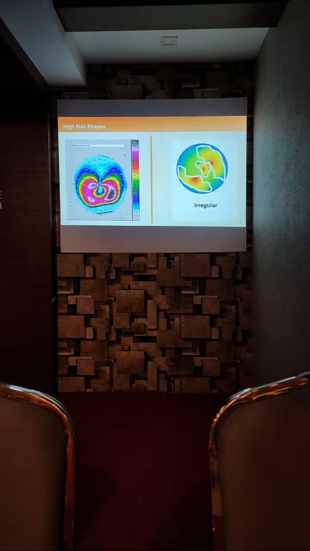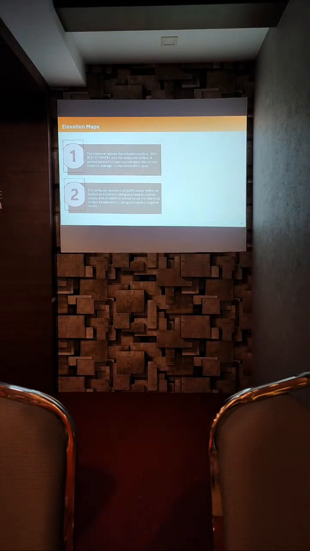Crab claw appearance is basically seen in pellucid marginal degeneration. Summarizing the axial map, what we have to see in case of keratoconus is an asymmetric bow tie with inferior steepening, with a difference of greater than 1.5 diopters between the superior and inferior axis.